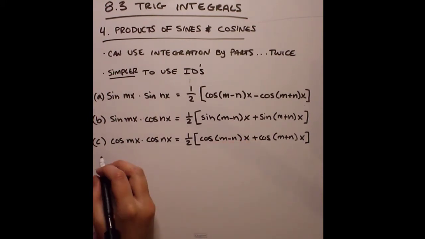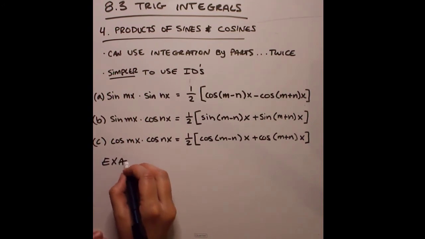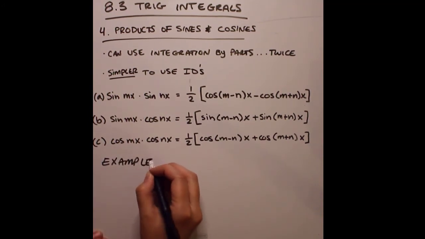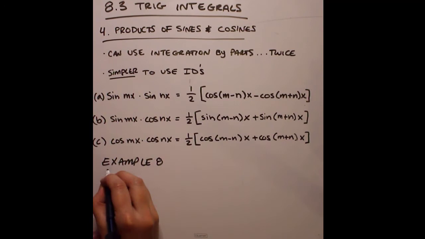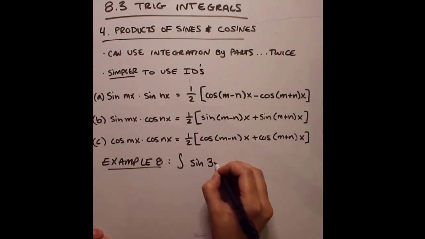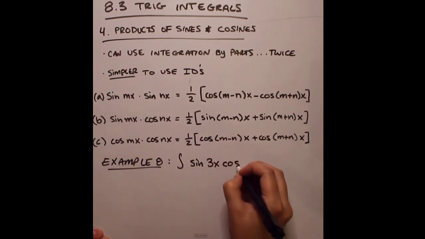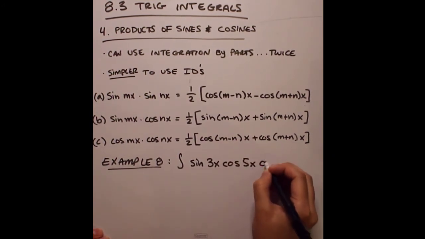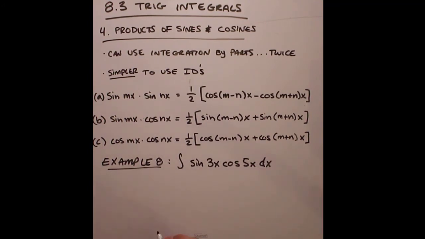So let's try this out. We're going to use this idea in our very last example from this section. I'll call it example 8 because we did 7 already. And we're going to integrate sine of 3x times cosine 5x dx. If you can recognize what m and n are, you can sub them right in.